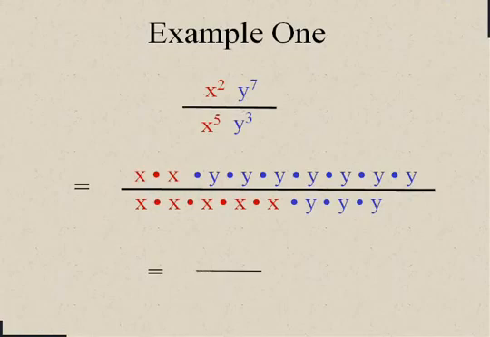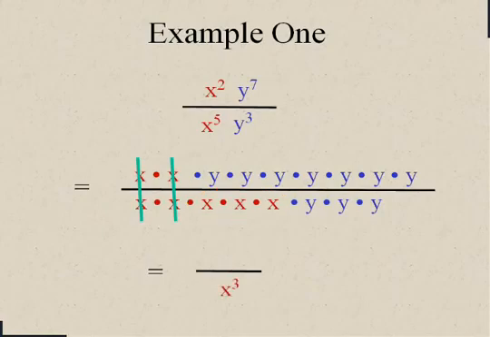Now, when we simplify, we're really dividing by 1 in various forms. X over x is 1. There's another 1, x over x. So anytime you have something in the top and in the bottom multiplied, you can cancel it. As far as x's are concerned, we're going to be left with 3 of them in the bottom, and that's what I have.